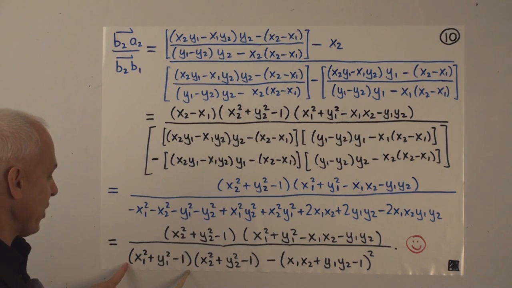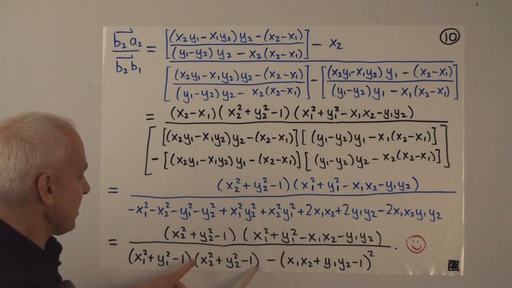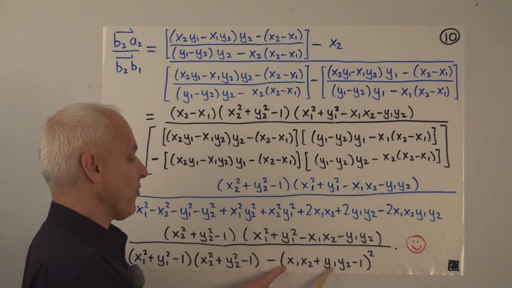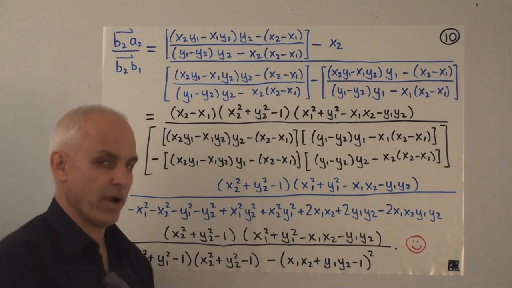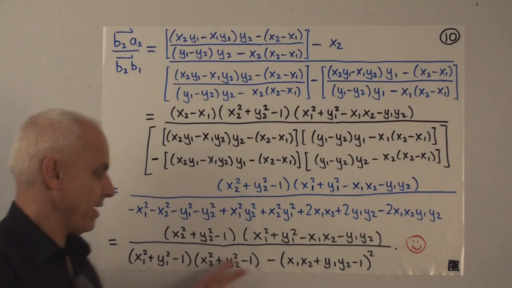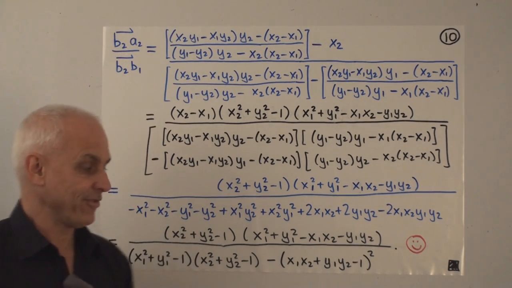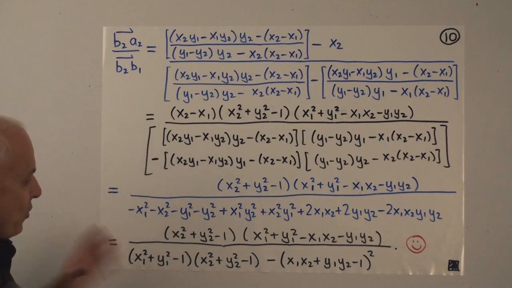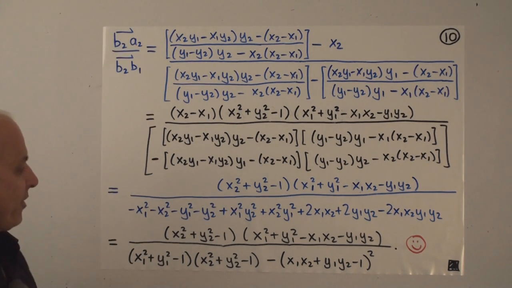It's really (x1² + y1² - 1)(x2² + y2² - 1) - (x1x2 + y1y2 - 1)². Okay, maybe that's not so obvious. It isn't so obvious, but it's true anyway. So the denominator simplifies to that.